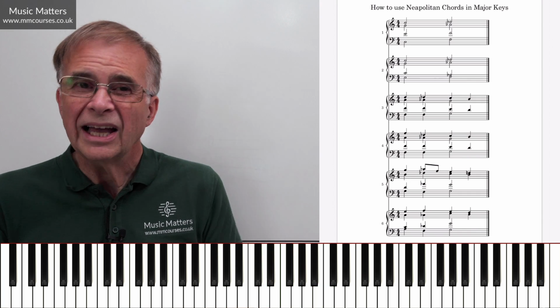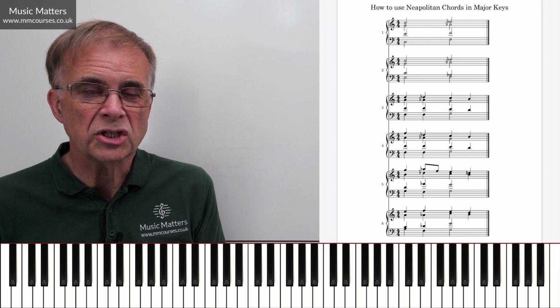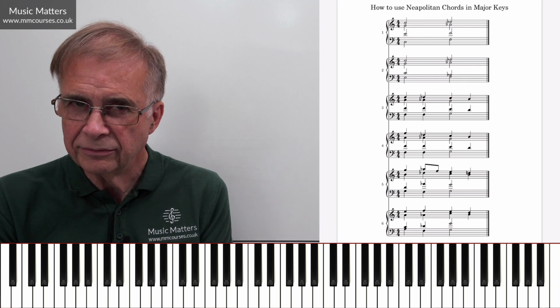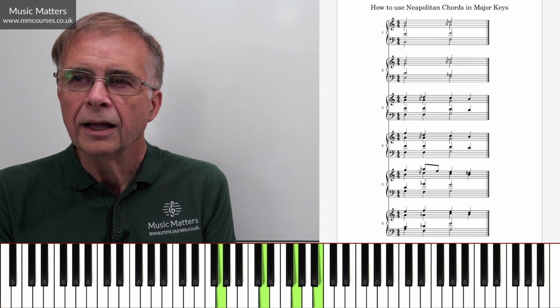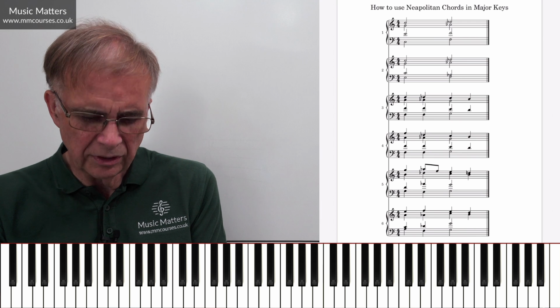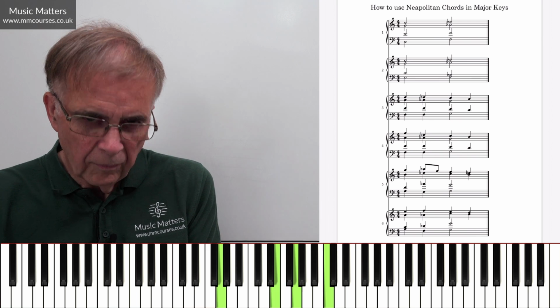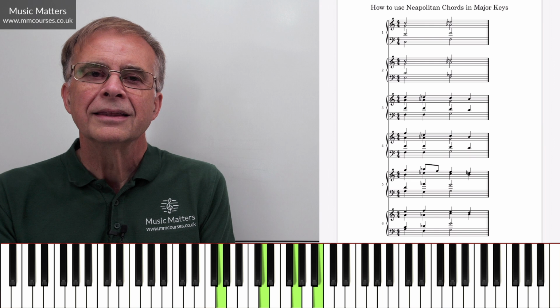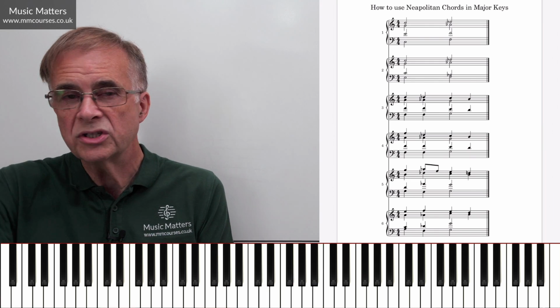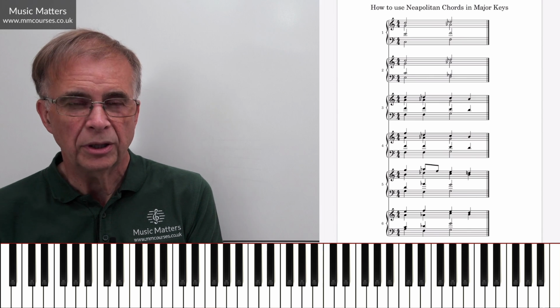Now, in a way, that's a slightly smoother progression, and you can probably hear that. So if I go straight from the Neapolitan to chord 5, it sounds all right. If I use 1C first, it's slightly smoother. So those are your possible resolutions, the chords that follow the Neapolitan.